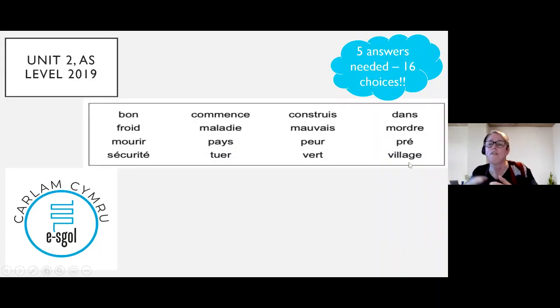So village is masculine, but so is pays. Maladie isn't, it's feminine. La peur would be feminine if it's used as a noun there. So we have a choice of two there, I think.